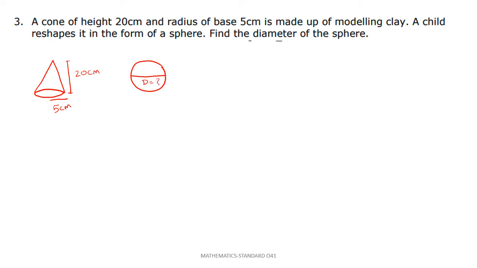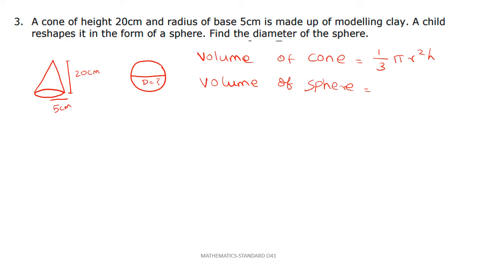What we should know here are the formulas of both the shapes. The formula for volume of cone is 1 by 3 pi r squared h, and the formula for volume of sphere is 4 by 3 pi r cube. As we need to find the diameter of the sphere, let's keep the sphere on this side and the cone on the other side.